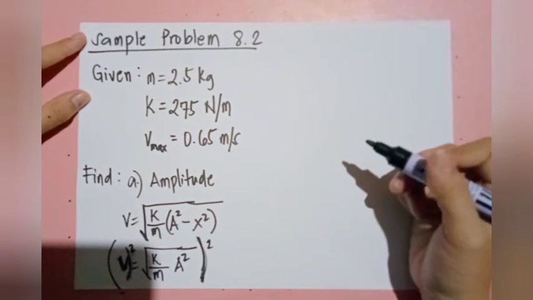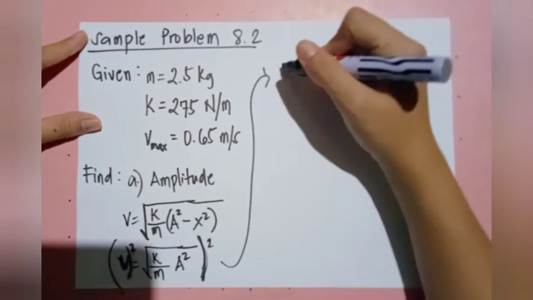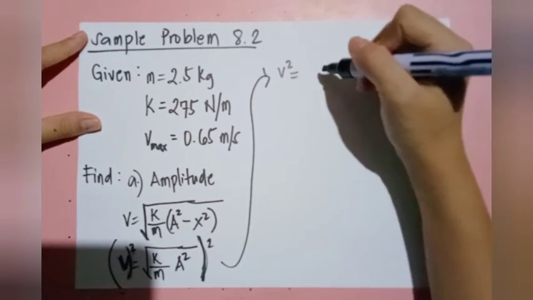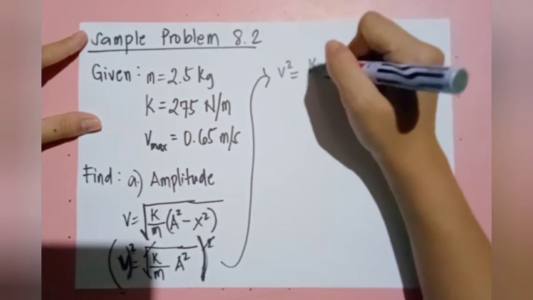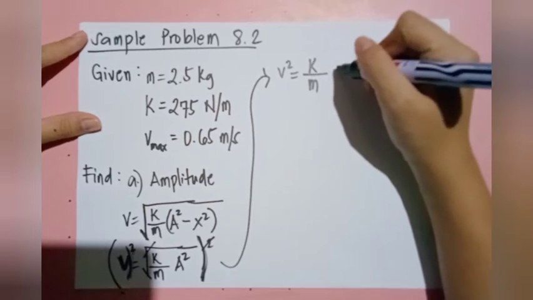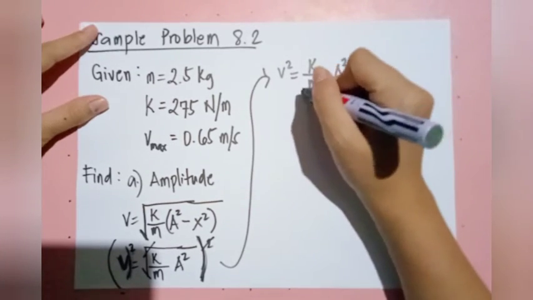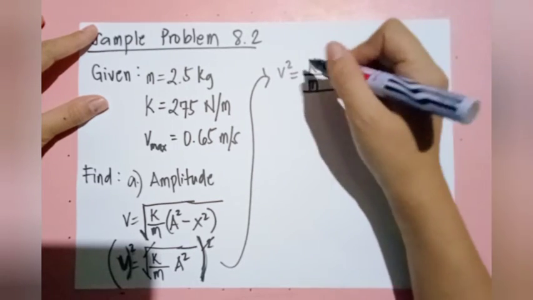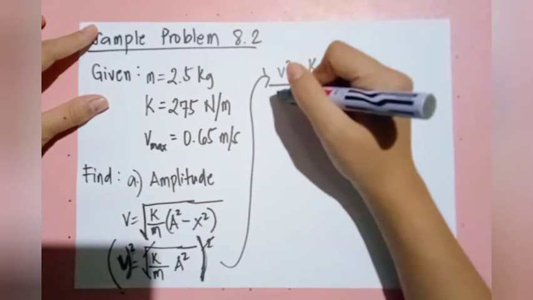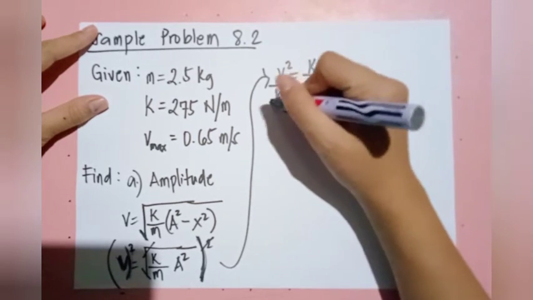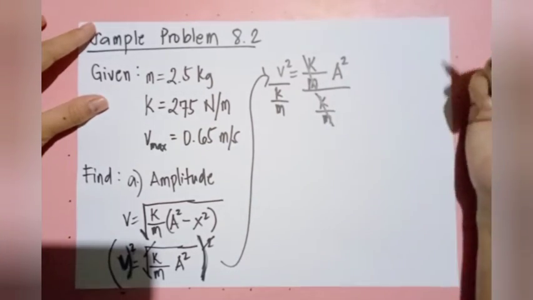Okay, so we have v squared equals k over m times a squared. Since we are after a squared, that means we have to eliminate k over m by dividing both sides by the quantity k over m.